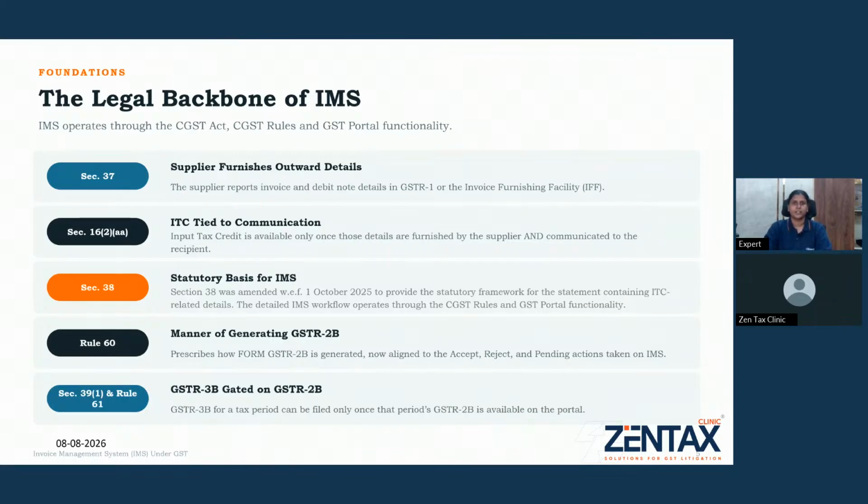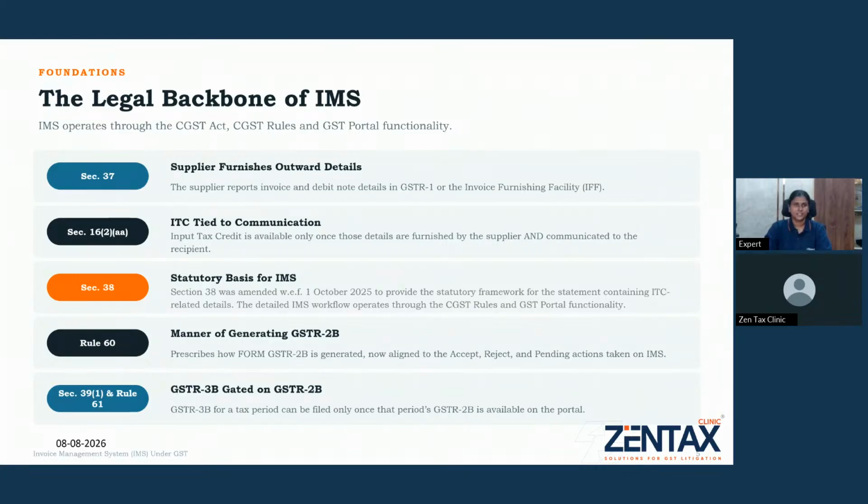As we discussed earlier, Section 16(2)(aa) specifies that input tax credit is available only once those details are furnished by the supplier and communicated to the recipient.